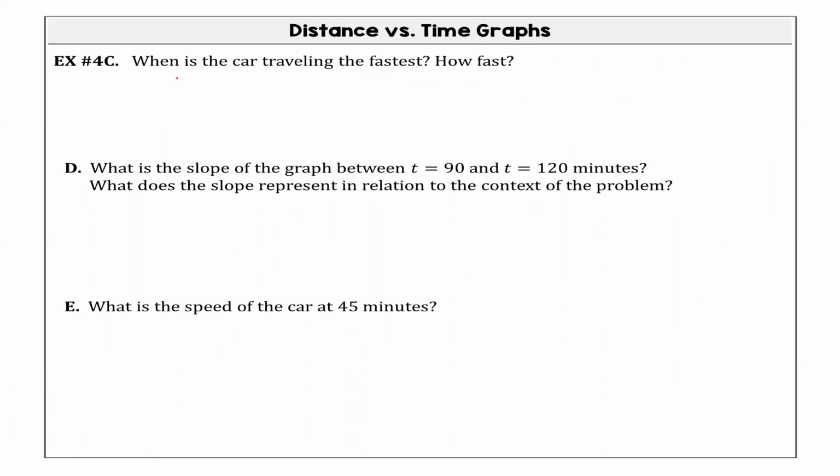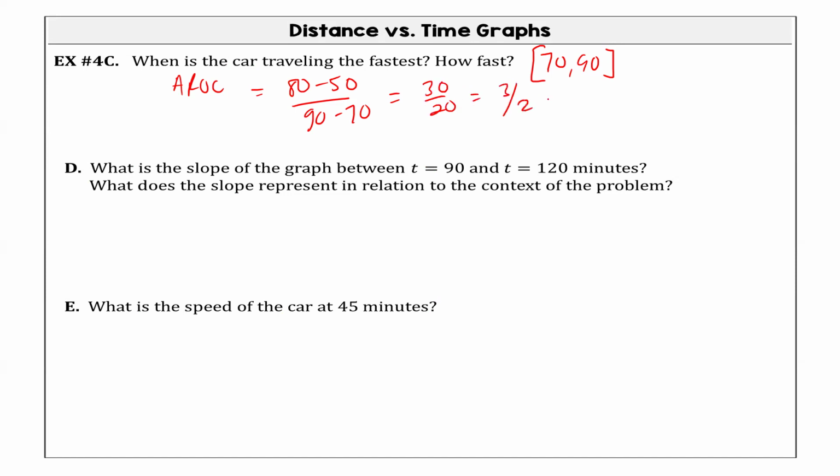So you ended up with the AROC for that interval, because we said it's from 70 to 90, right? So our AROC equaled 80 minus 50 over 90 minus 70, which gave us 30 over 20, which equals 3/2. But this is currently miles per minute.